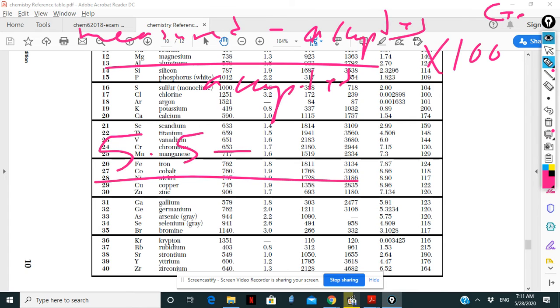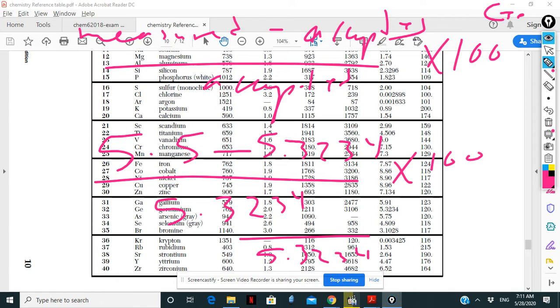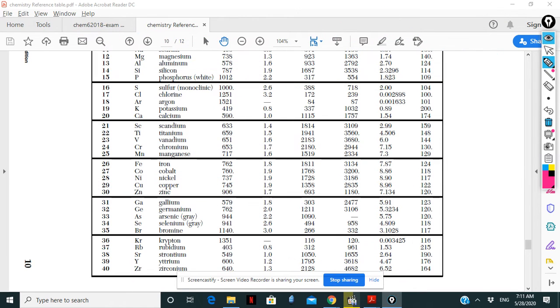So I'm going to say 5.5 minus 5.3234, divided by 5.3234, times 100.